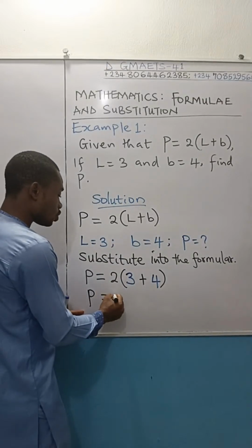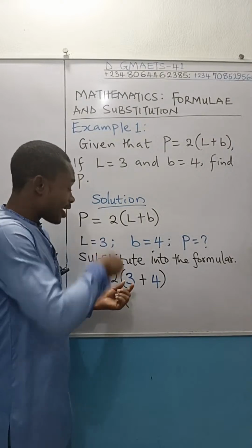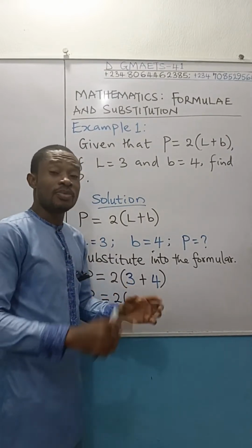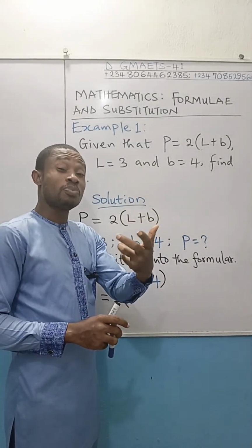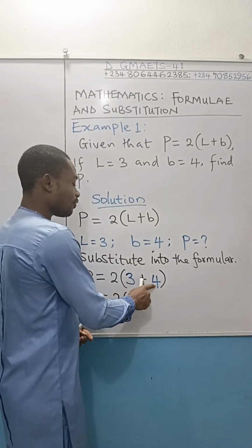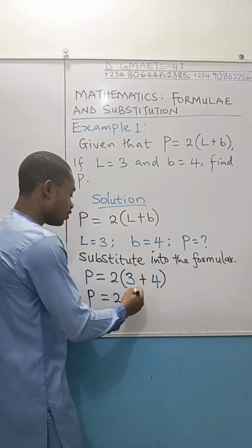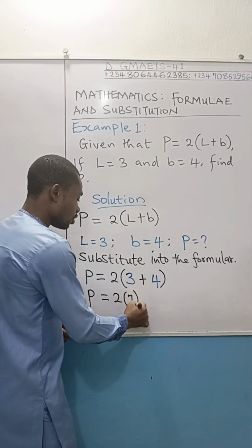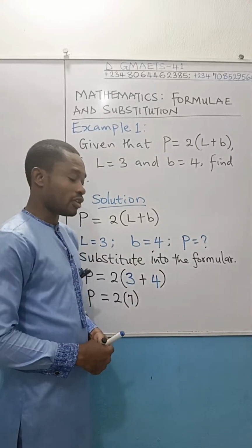This will now become 2 brackets. According to BODMAS, you are expected to finish everything in the bracket first. In BODMAS, B comes first, which is bracket. So we are going to solve what is in the bracket first. 3 plus 4. The basic arithmetic there is plus. So 3 plus 4 will give you 7. So you replace this 3 plus 4 with 7 because that is the value of 3 plus 4.